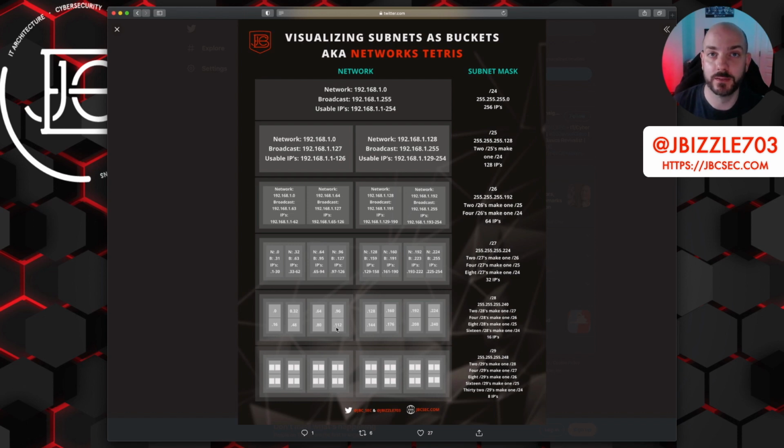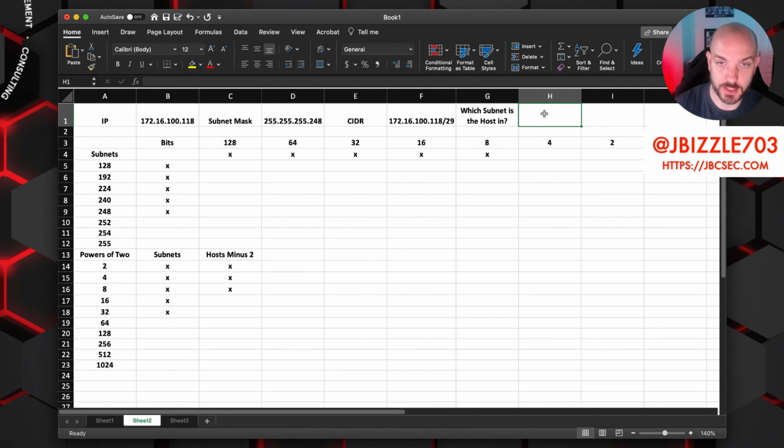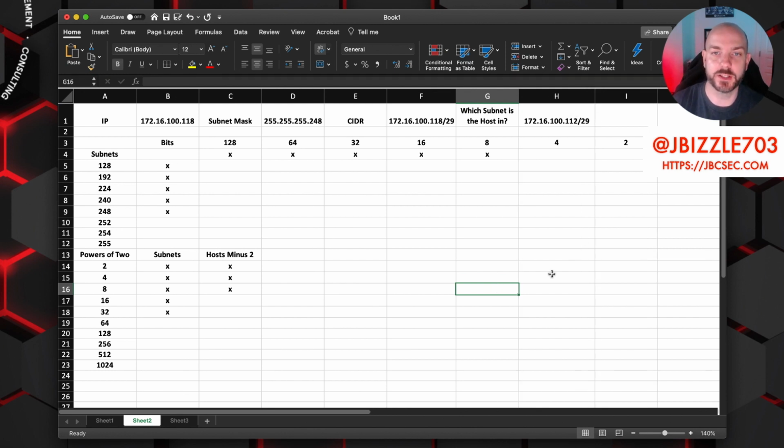Well, a host with an IP address of 118 obviously is smaller than 120, so that means that it's going to fall into the 112 subnet. So if we go back here, then that is going to be in 172.16.100.112/29. And that is going to be our answer.